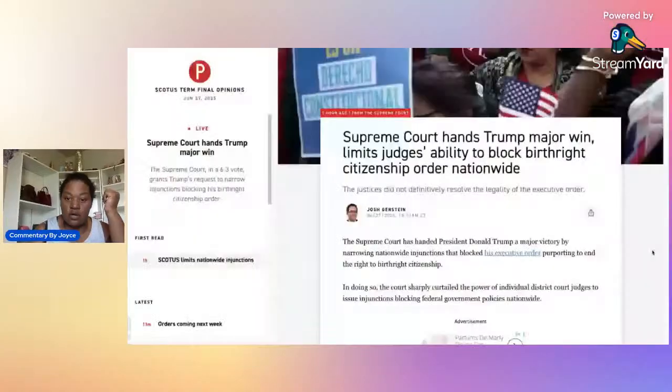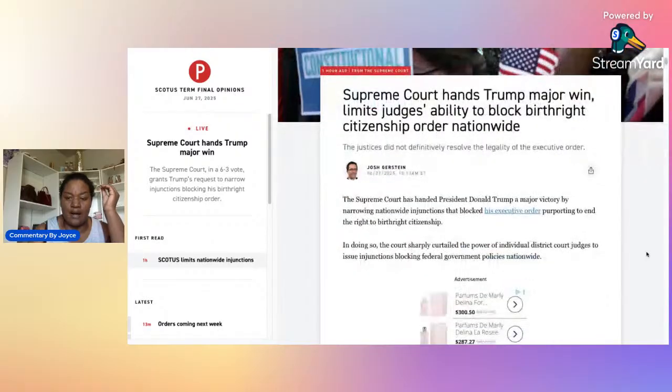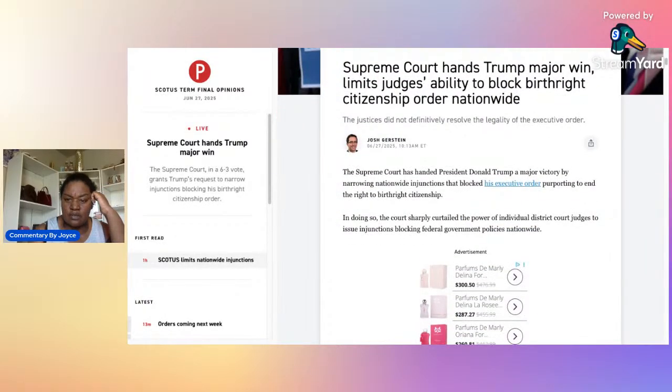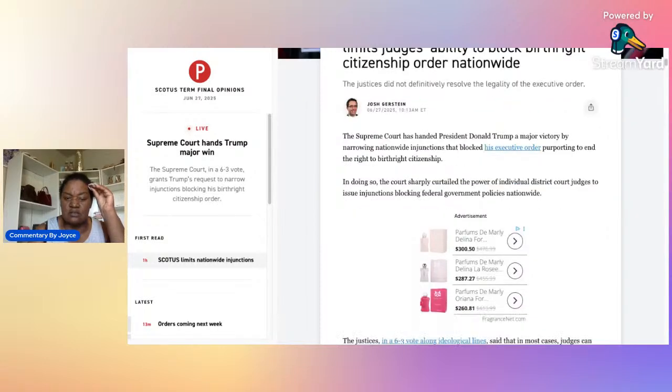Okay, Politico says: Supreme Court hands Trump major win, limits judges' ability to block birthright citizenship order nationwide. The Supreme Court has handed President Donald Trump a major victory by narrowing nationwide injunctions that blocked his executive order purporting to end the right to birthright citizenship.